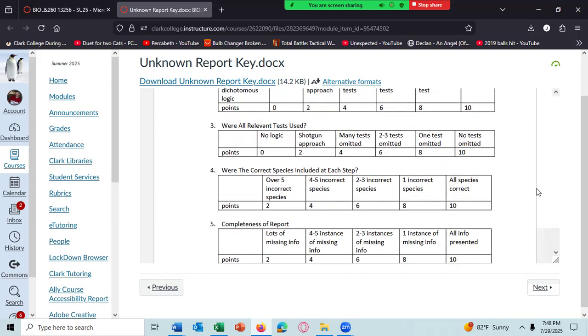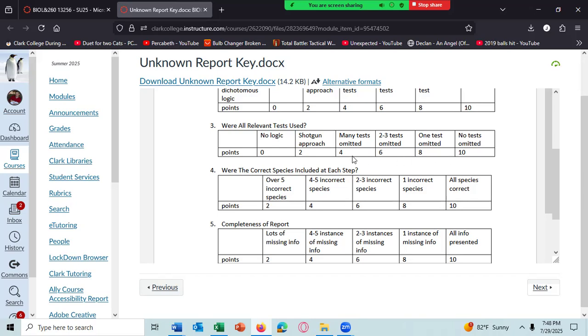Were all of the relevant tests used? As long as you have enough tests to identify your species, you'll have no tests omitted and you get 10 out of 10. If you need 1 more test to identify your species, you'll get 8 out of 10. If you have 2 or 3 tests that are omitted, you'll get 6 out of 10.